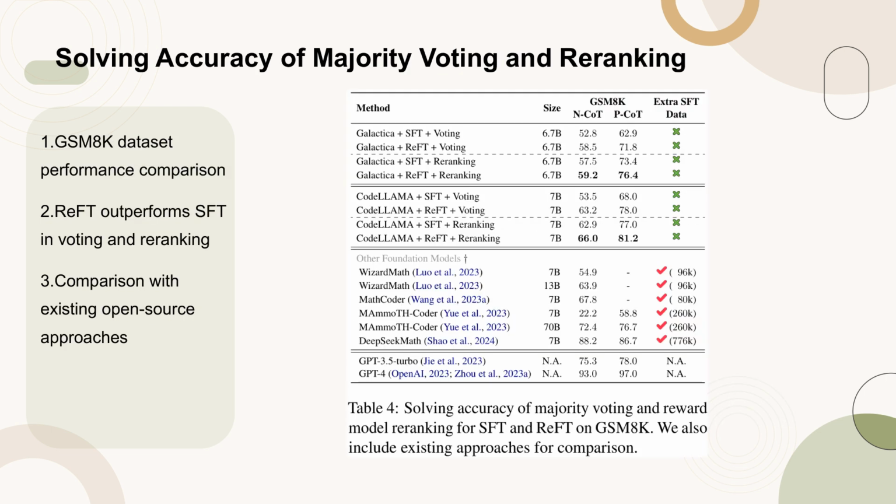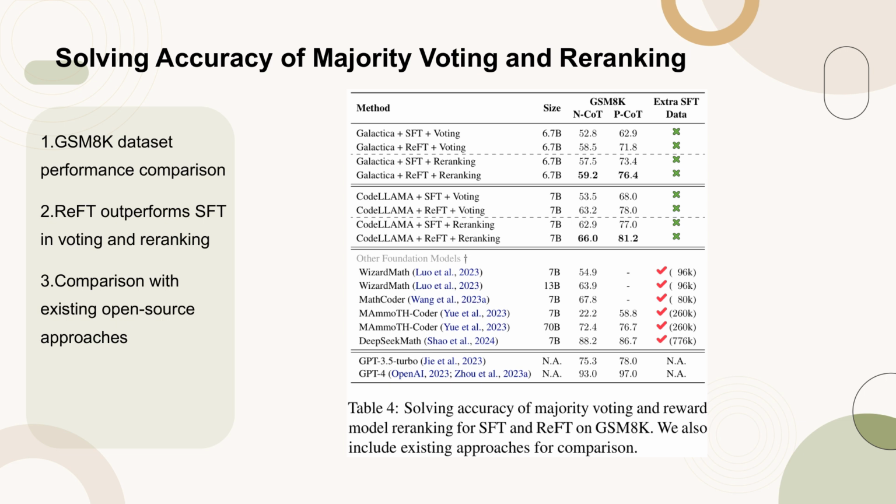Table 4 presents the solving accuracy of majority voting and reward model re-ranking for SFT and ReFT on the GSM-8K dataset. The table highlights that ReFT consistently outperforms SFT in both voting and re-ranking scenarios. Specifically, ReFT plus voting significantly improves accuracy by 8.6 points on average compared to SFT plus voting.